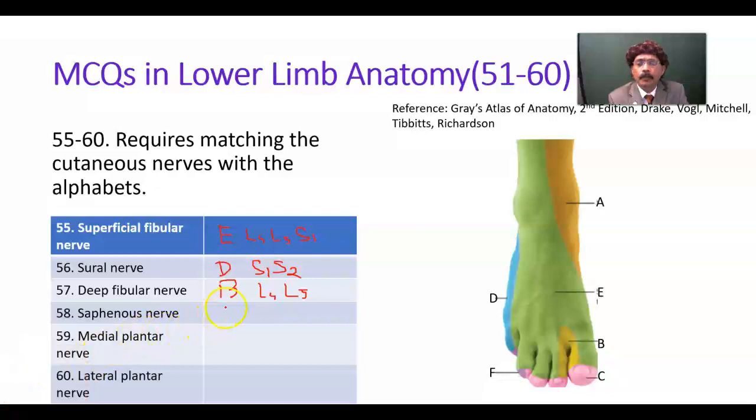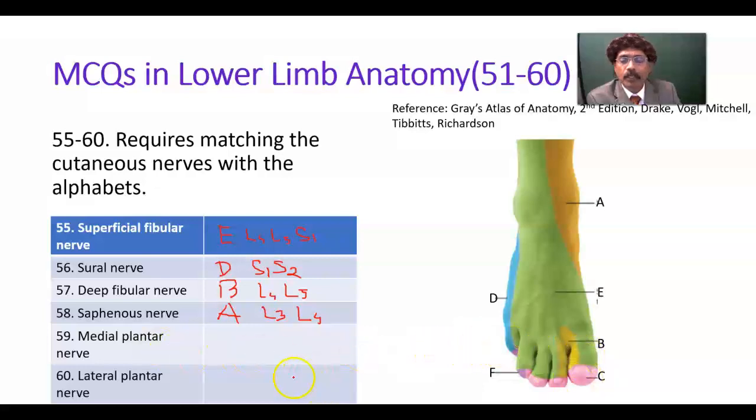Actually, it is L3, L4. The saphenous nerve root value is L3, L4.